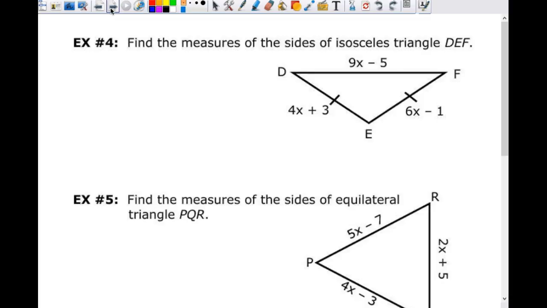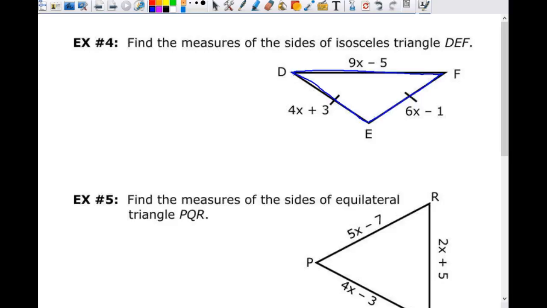Find the measure of the sides of an isosceles triangle DEF. Now, what 2 expressions are the same in this? Well, let's look at our congruency ticks. These 2 are the same.